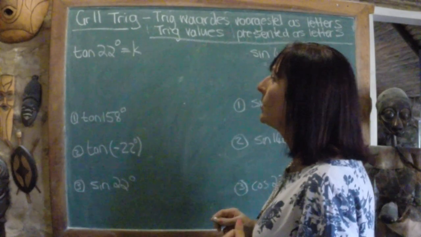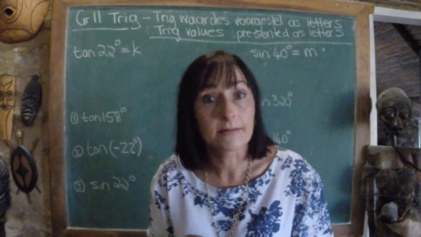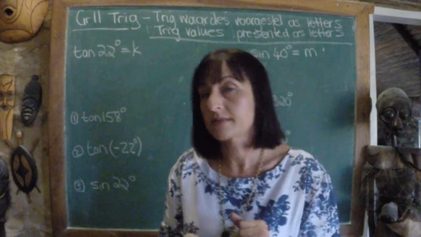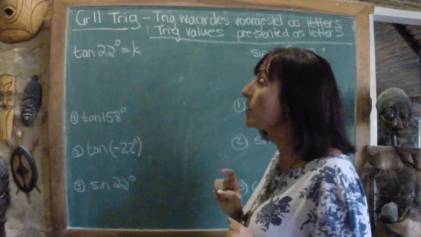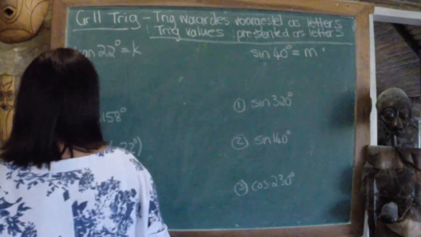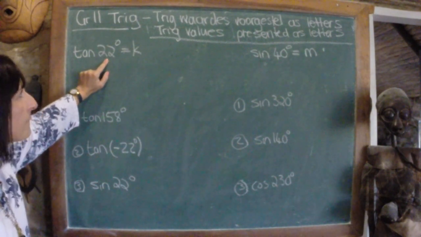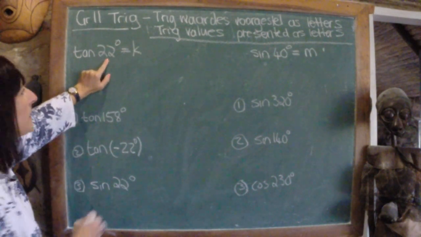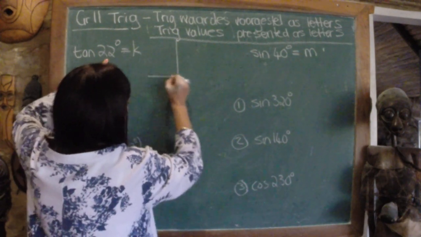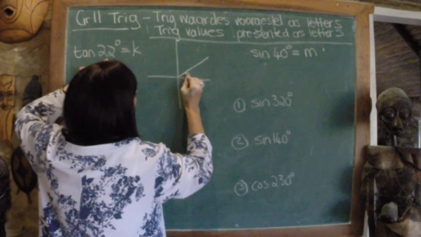And let's have a look where trig values are presented by letters. Waar trigwaardes voorgestel word as letters. Tan van 22 is K en ons weet dat 22 is 'n skerphoek. Met ander woorde, sou ek 'n prentjie teken van hierdie hoek, gaan hy lê in die eerste kwadrant.